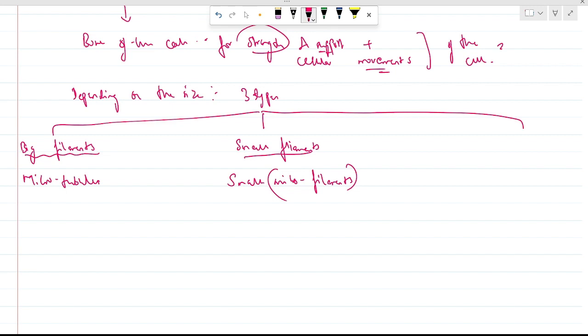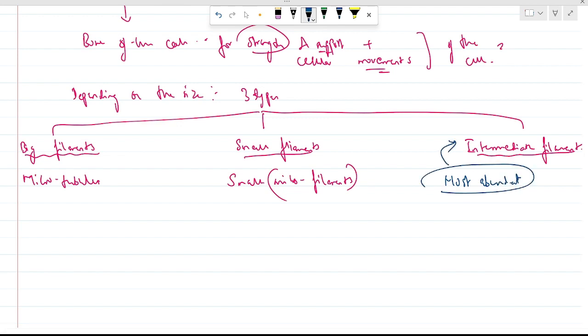The third is the intermediate filaments. These intermediate filaments are, remember, the most abundant ones. Most abundant ones are the intermediate filaments.